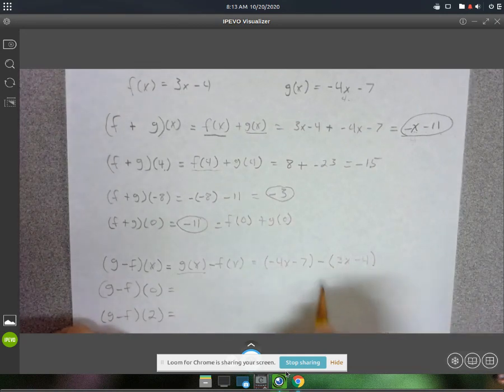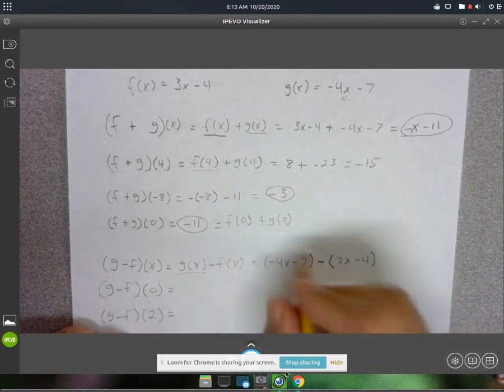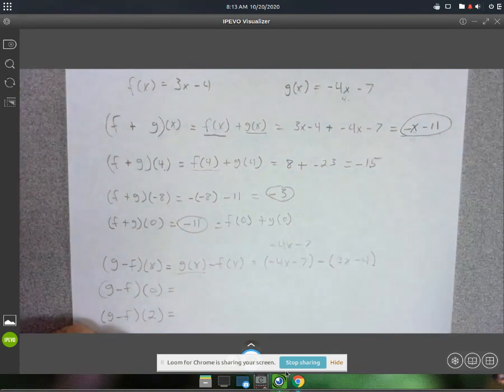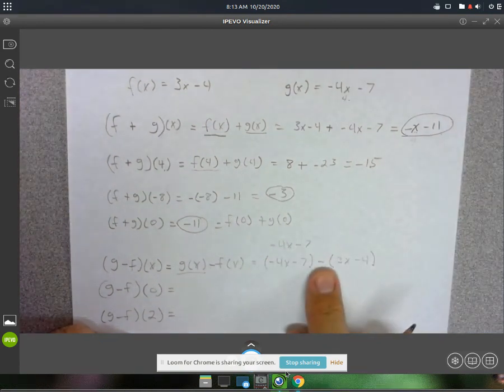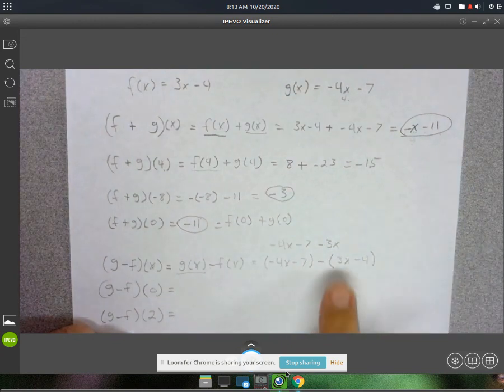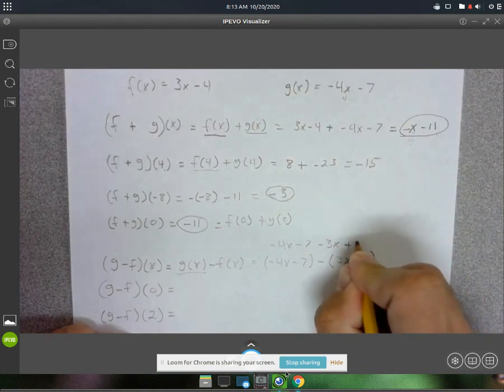Let's see. I don't have enough space to write it over here. If I drop the parentheses on the first one, -4x minus 7, and then I distribute the negative in, this becomes a -3x, and I'm minusing a -4, or I'm just changing the sign, so that becomes a +4.